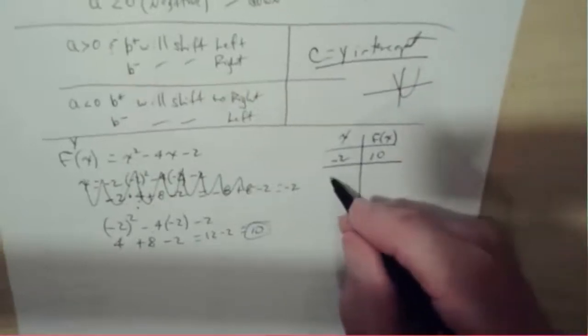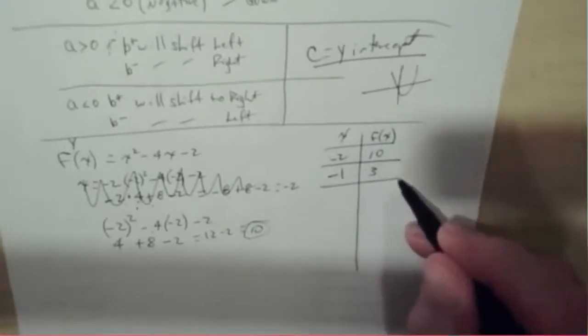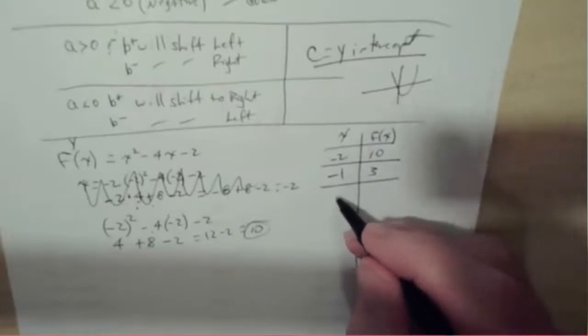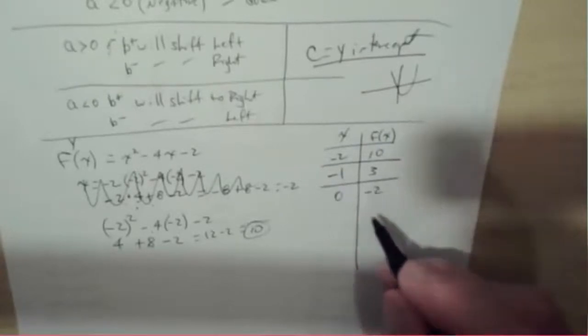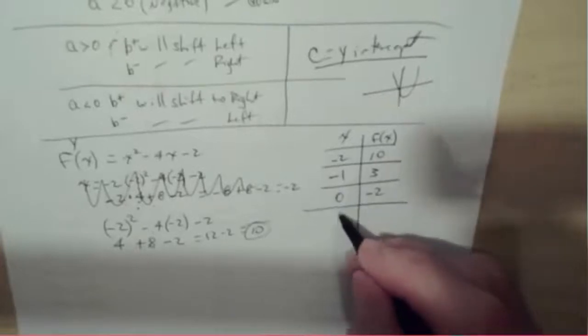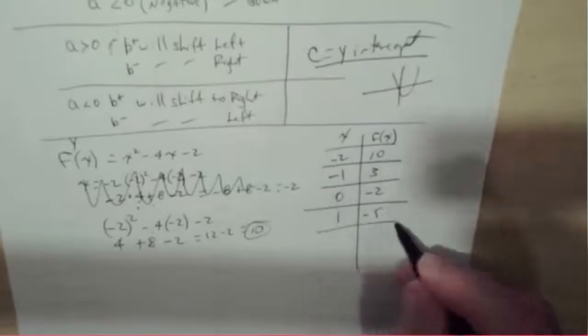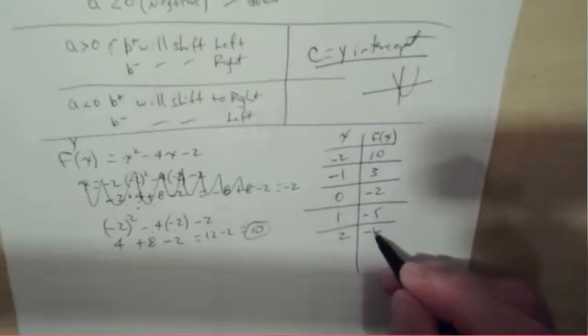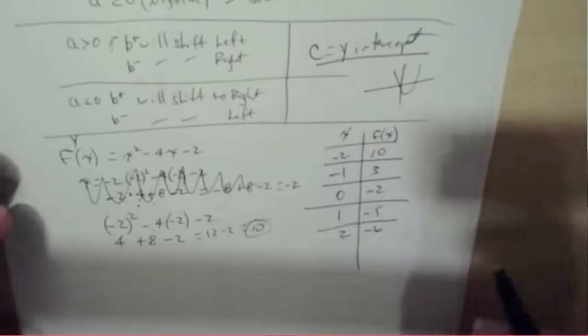So when x is -1, you're going to have to trust me on this. Y is 3. When x is 0, y is -2. Then when x is 1, we have -5. When x is 2, -6, and so on. So what will this look like?